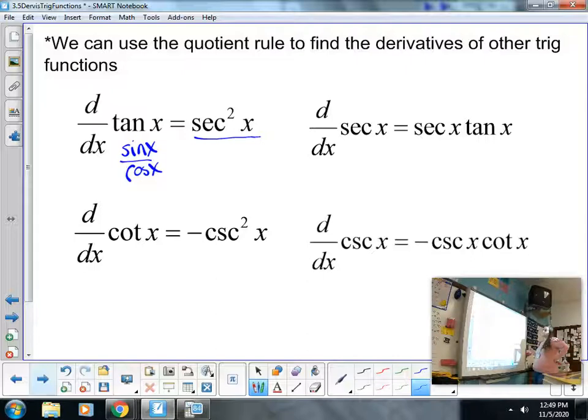Cotangent, cosecant, being the co-functions, both of those have negative derivatives. We kind of pair tangent and cotangent together though, because they both have something squared as their derivative, whereas secant and cosecant are two different terms, so secant tangent and cosecant cotangent. But you can see there's also a reason why we pair cotangent and cosecant together, because both of their derivatives involve themselves in the other.